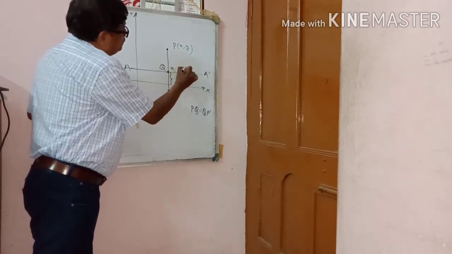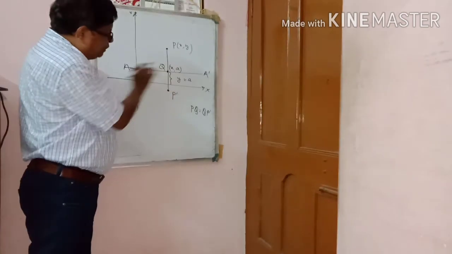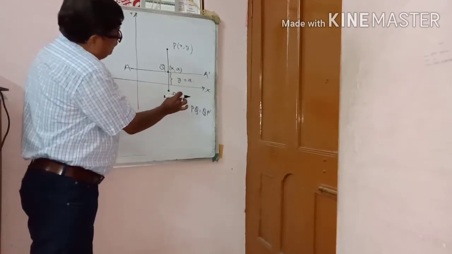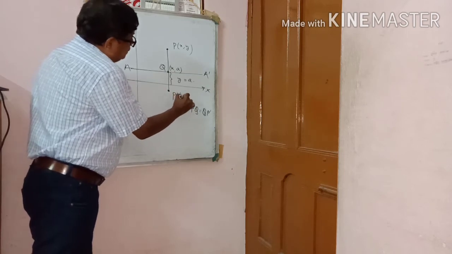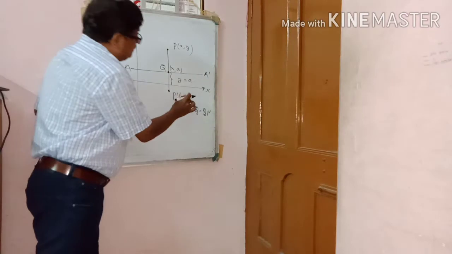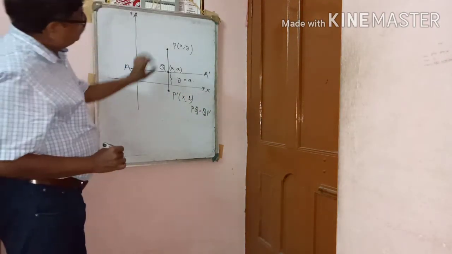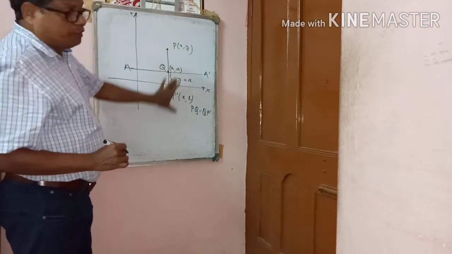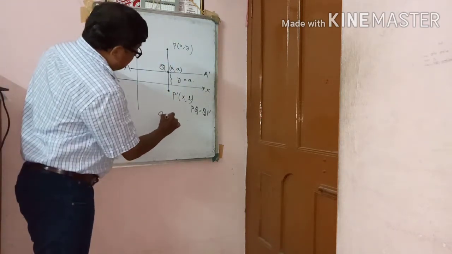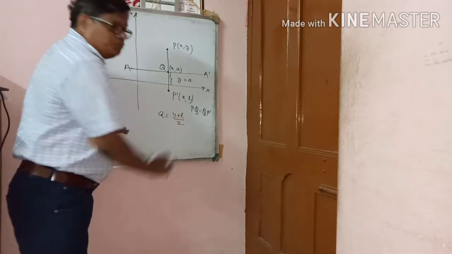So this is a. Here this also has no change, a. So this is x, P dash. Suppose this part is L. This is the midpoint, no? So a equals (y plus L) divided by 2.